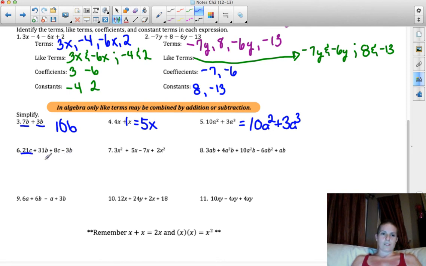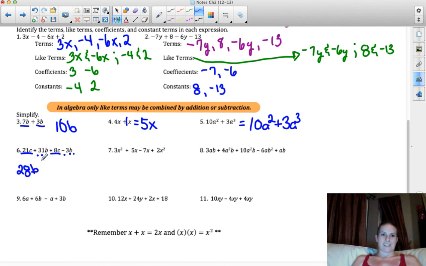So 21c and positive 8c are alike, and 31b and negative 3b are alike. So, alphabetical order, b first: positive 31 plus a negative 3b gives me 28, correct? That gives me a positive 28b.